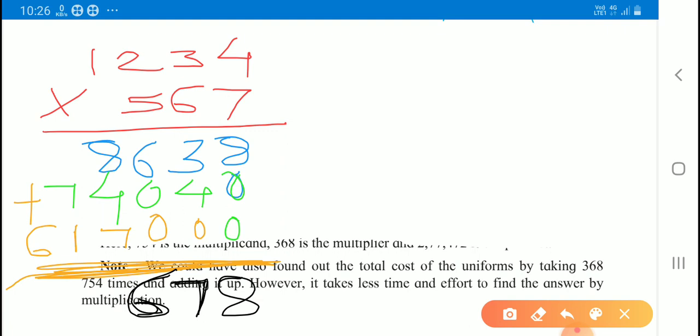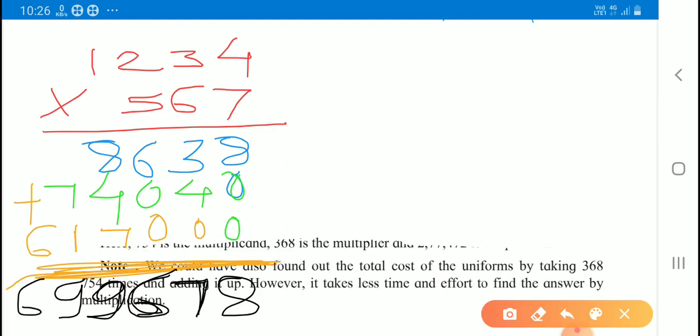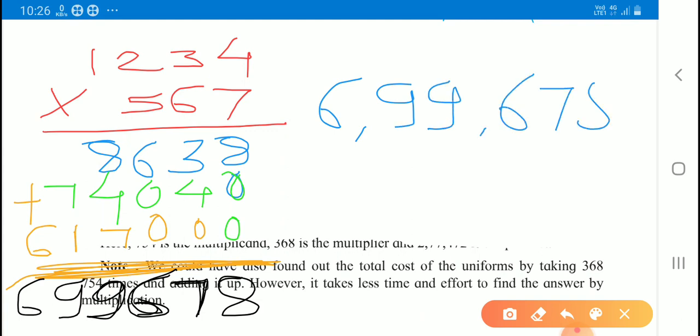Then 8 plus 4 plus 7, 19. 1 carried. Again 8 plus 1, 9 and 6. So, your answer is 6,99,678. Okay. Do you understand the multiplication?